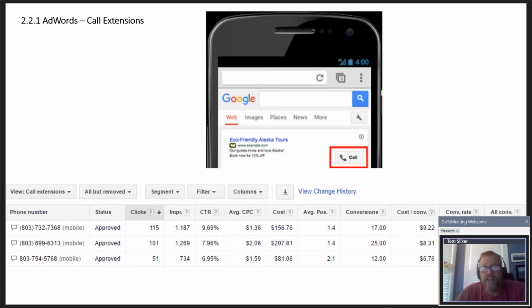You set it up, but you don't know necessarily that Google's going to display that call button every time. Sometimes they don't. They may display the call button for one of your competitors at times, and not yours. But when they decide to use it, you can see that we're getting a very strong click-through rate, near 10%, and a conversion rate that's extremely good. So that means they're clicking on that button.